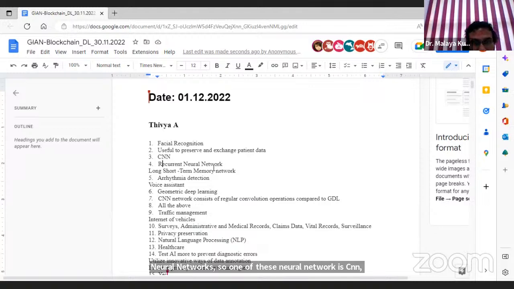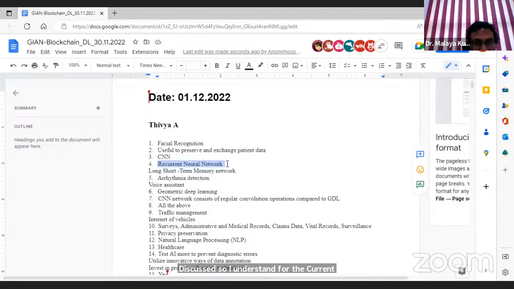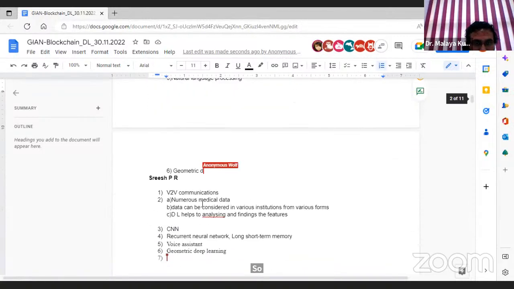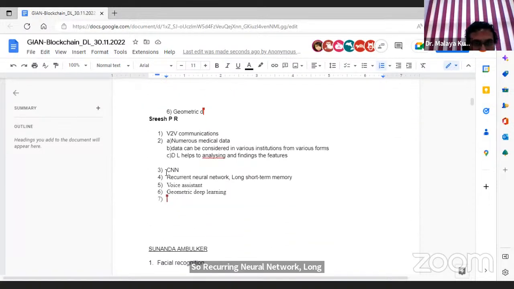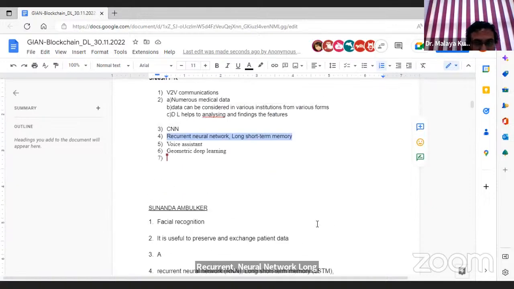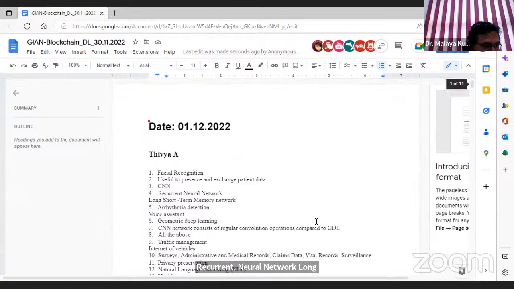So RNN stands for recurrent neural network, which is correct, and LSTM stands for long short-term memory network. Everybody has answered correctly.